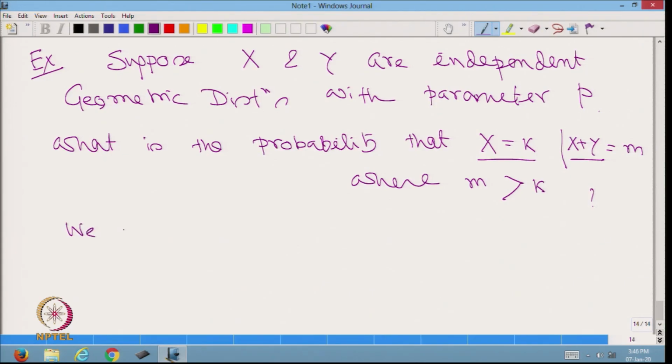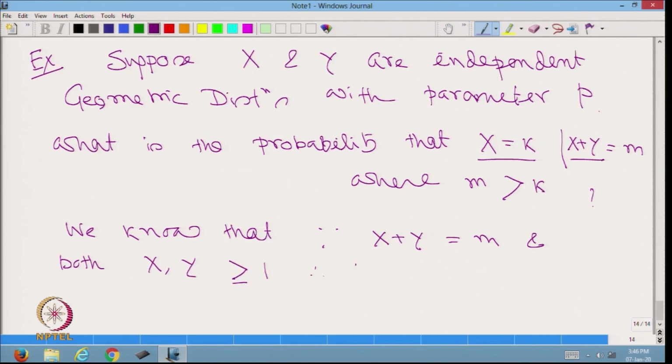We know that since X plus Y is equal to m and both X and Y are greater than or equal to 1, the possible values for X are 1, 2, 3 up to m minus 1.